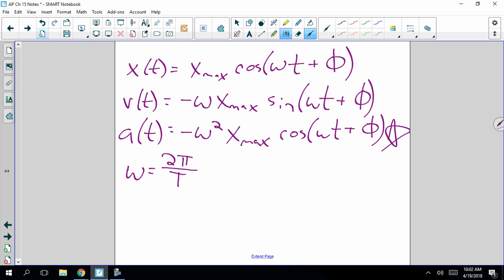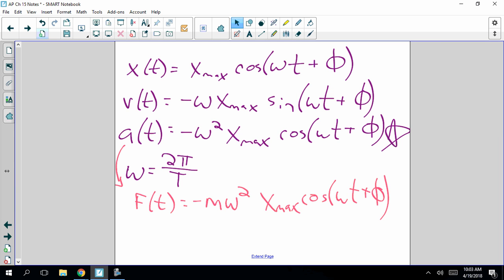If you multiply both sides of this equation by mass, you get that the force at time t is equal to negative m omega squared x max cosine of omega t plus phi.